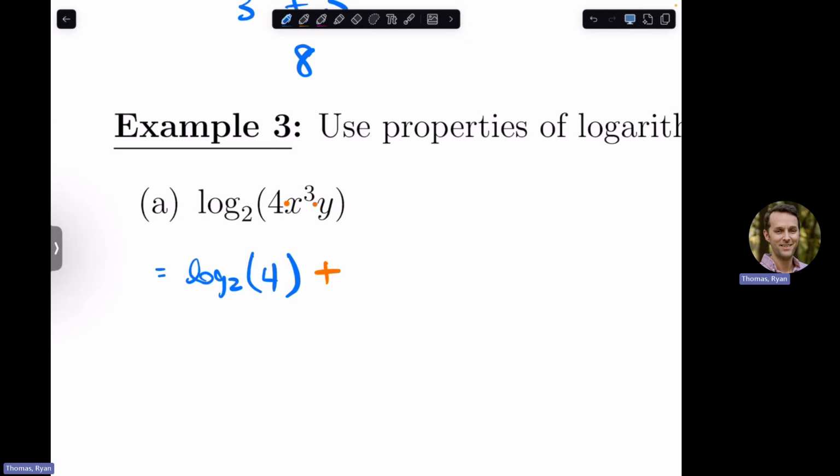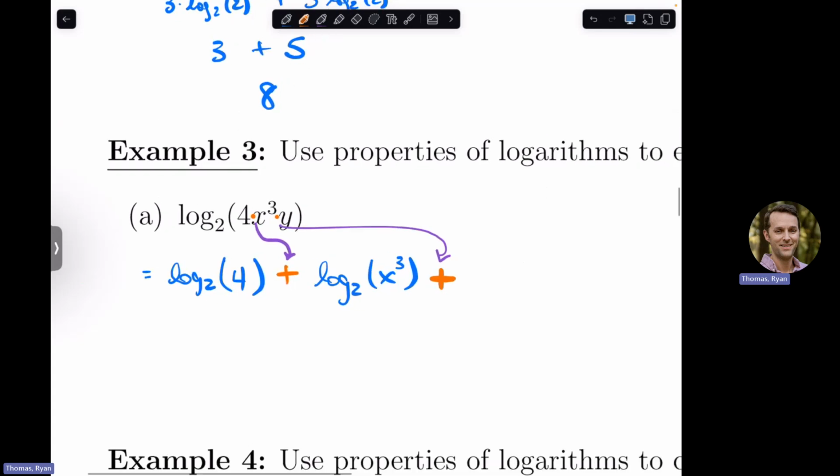We'll come back and look closer at things and see if there's other stuff we can do, but that's using the product rule on that multiplication, right? Turns into addition. The log base 2 of x cubed. And then there's another multiplication here, which I can again break up and turn into addition by the product rule.